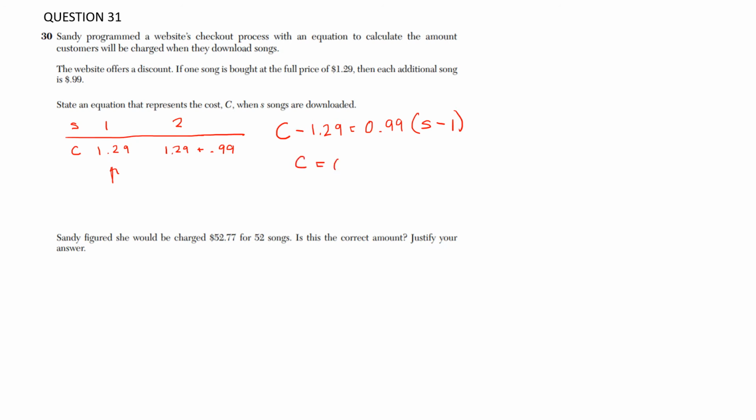C equals, just putting the 1.29 over to the other side, distributing this out: 0.99 times s minus 0.99 plus 1.29. And this adds up to positive 0.3. And that would be our C.